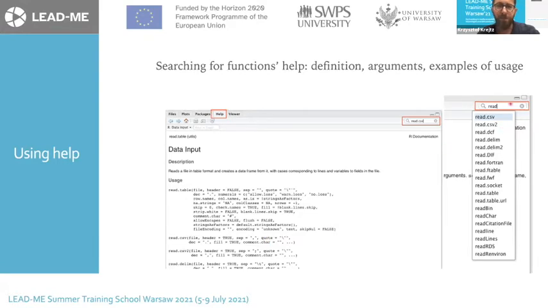RStudio is so nice to us that it knows that not all of us will remember the exact names of all the functions. So if I just have a slight memory that this function was starting with something like read, I start typing read, and it helps me with the full list of functions available in this session which start with read.